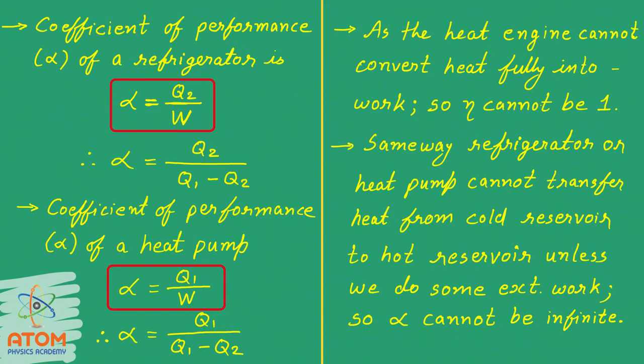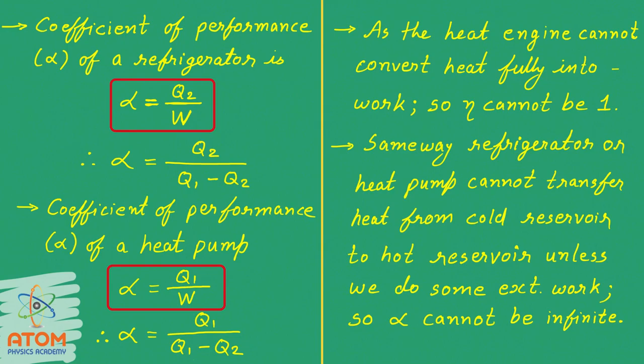See, in case of a refrigerator or say a heat pump, it is very much required that you do some external work on the working substance. Unless and until you do some external work, it is not possible to transfer heat from the cold reservoir to the hot reservoir, because it's a very natural phenomenon that heat always travels naturally from the hot reservoir to the cold reservoir. Yes or no? Heat always transfers from the hot reservoir to the cold reservoir.